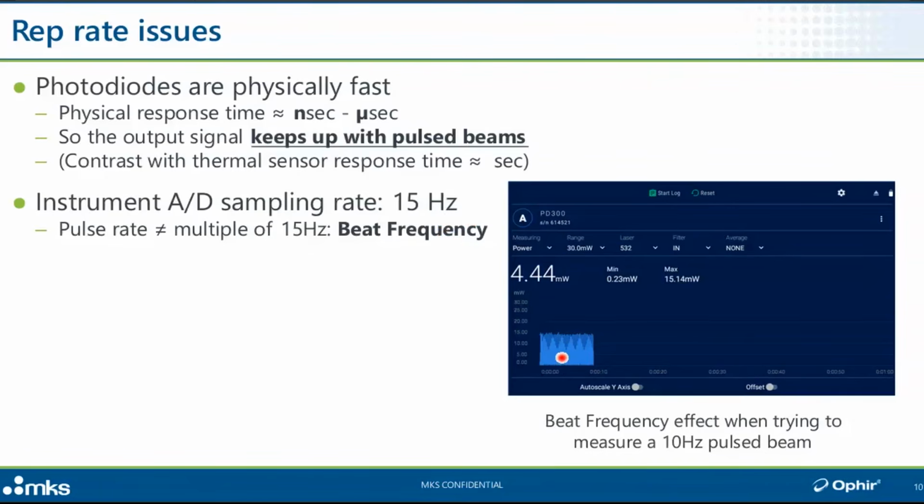So here we've got the thing oscillating at 5 hertz. As you can see, not very easy to get a measurement out of this thing. So that's one problem if the pulse rate is not a whole number multiple of the sampling rate. So problem number one is going to be a beat frequency.